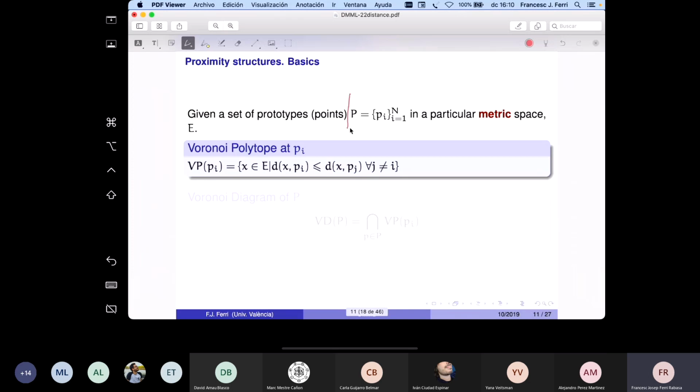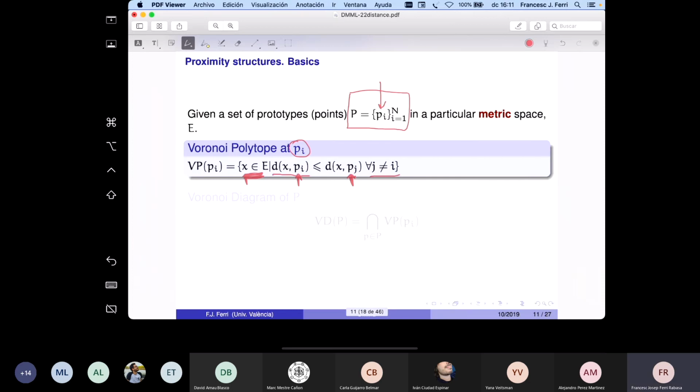We have a set capital P of points, Pi, n of such points, and the Voronoi polytope at Pi, associated to Pi with regard to capital P, of course, is formed by all points of the space that are closer to Pi rather than any other Pj of the same set.